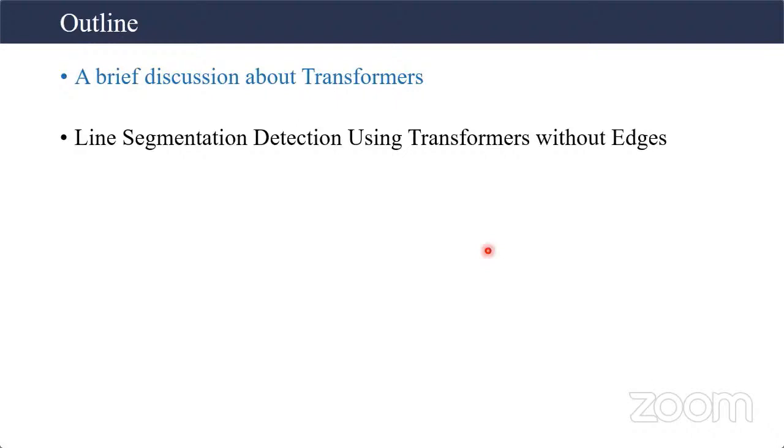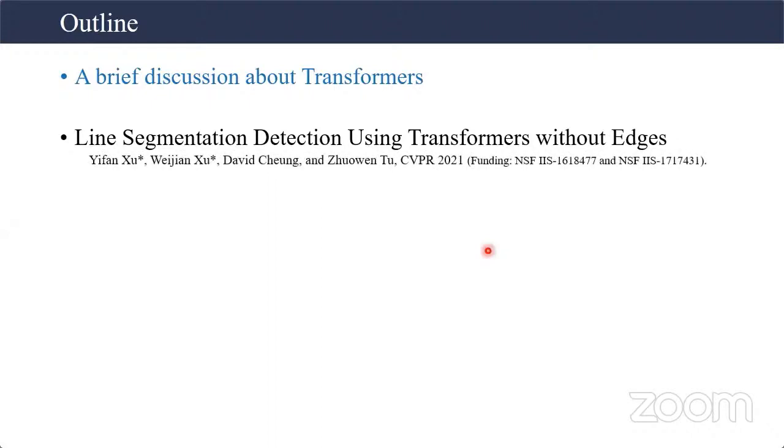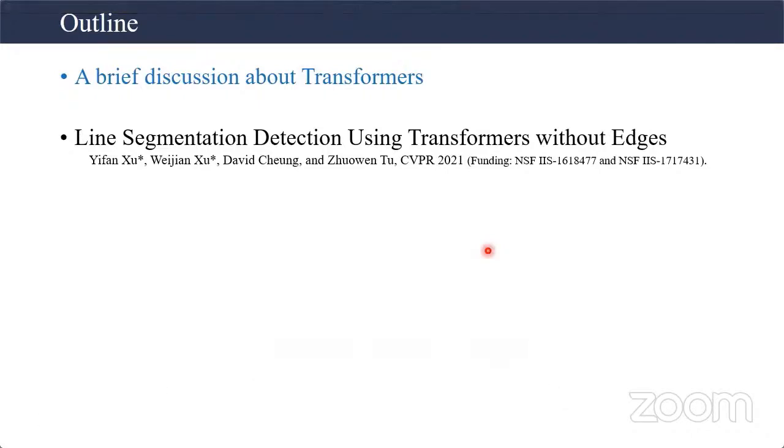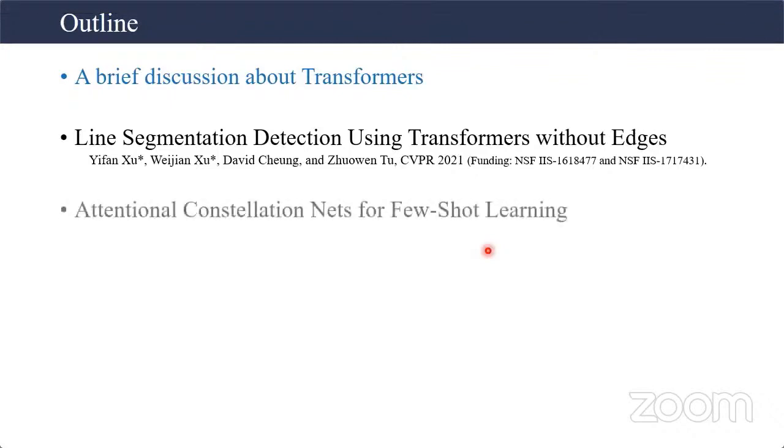Transformers have received a lot of attention lately and have been widely adopted in natural language processing, computer vision, and beyond. We'll first talk about one of our CVPR 2021 papers, line segment detection using transformers without edges. Line segment detection has been a long-standing problem in computer vision, and it is a building block for many downstream computer vision tasks. We will see how transformers can be used to detect geometric structures like line segments.